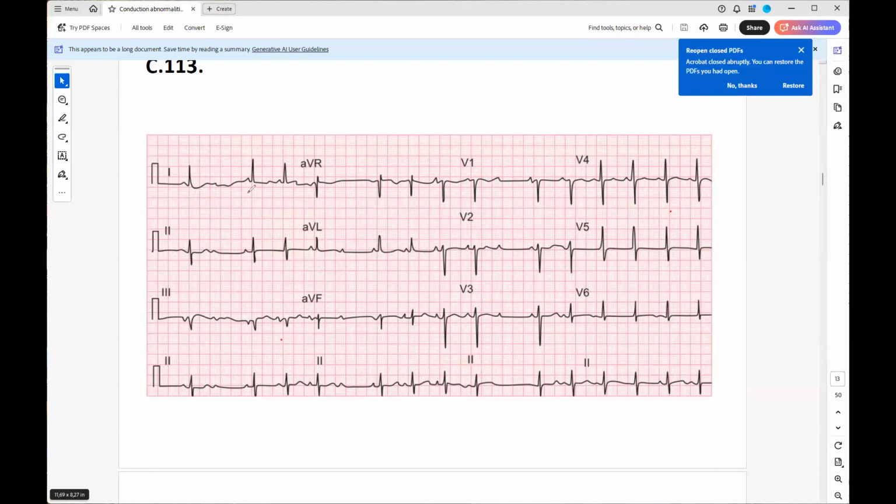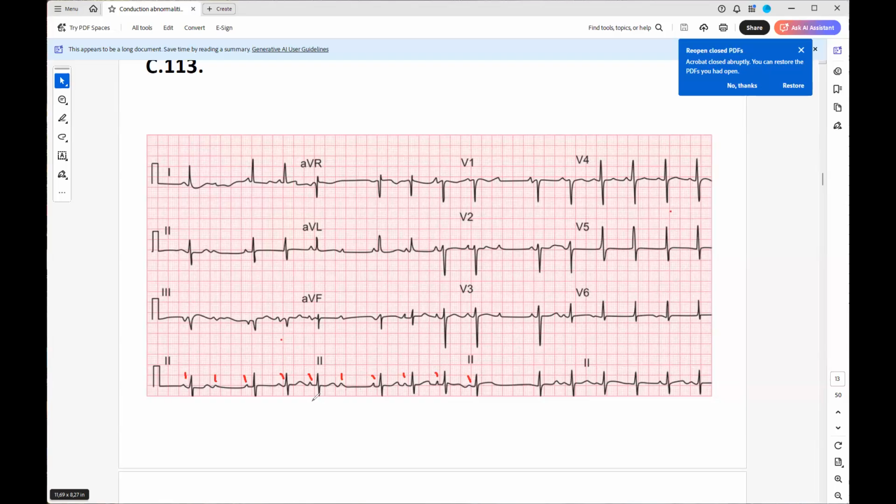QRS is narrow. Okay. There are P waves, but some P waves are not conducted. That suggests second degree AV block. Okay. And then I counted the length of the RR interval. You don't need to look at the RR interval if you do have an AV block. The RR interval is only an extra thing that you can use.